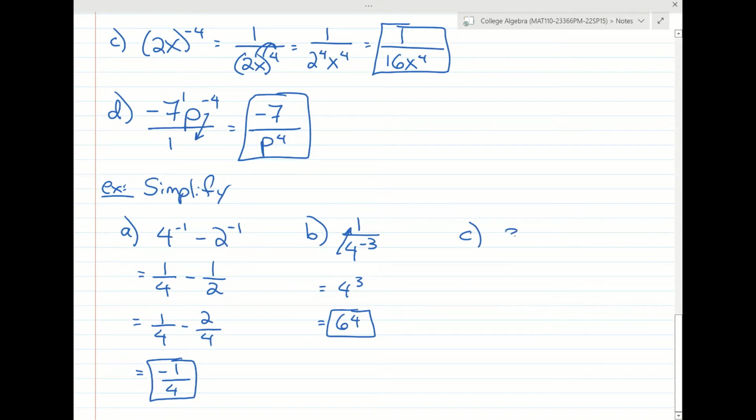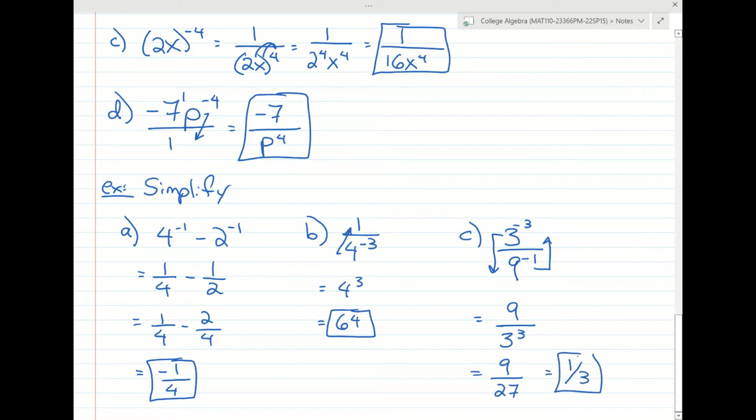And then if we had 3 to the negative 3rd over 9 to the negative 1st, you just swap them, right? In algebra, it always just comes down to rules. If you follow the rules, you'll get the right answer. So this is a negative power, we'll bring it down. This is a negative power, we'll bring it up. So we wind up with 9 to the 1st divided by 3 to the 3rd. 9/27 is just 1/3. Just follow the rules.